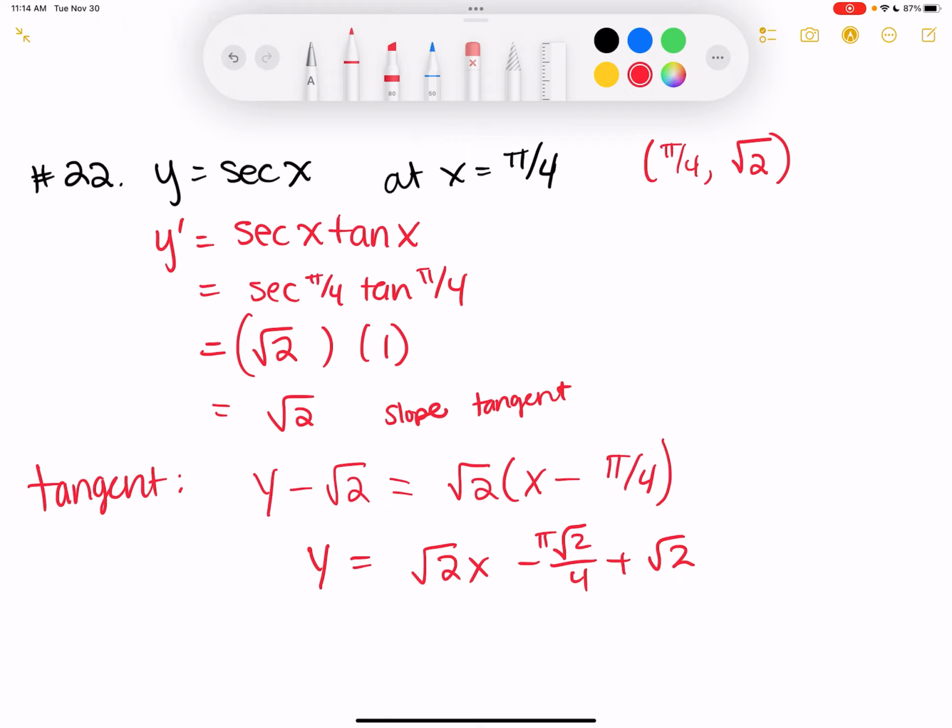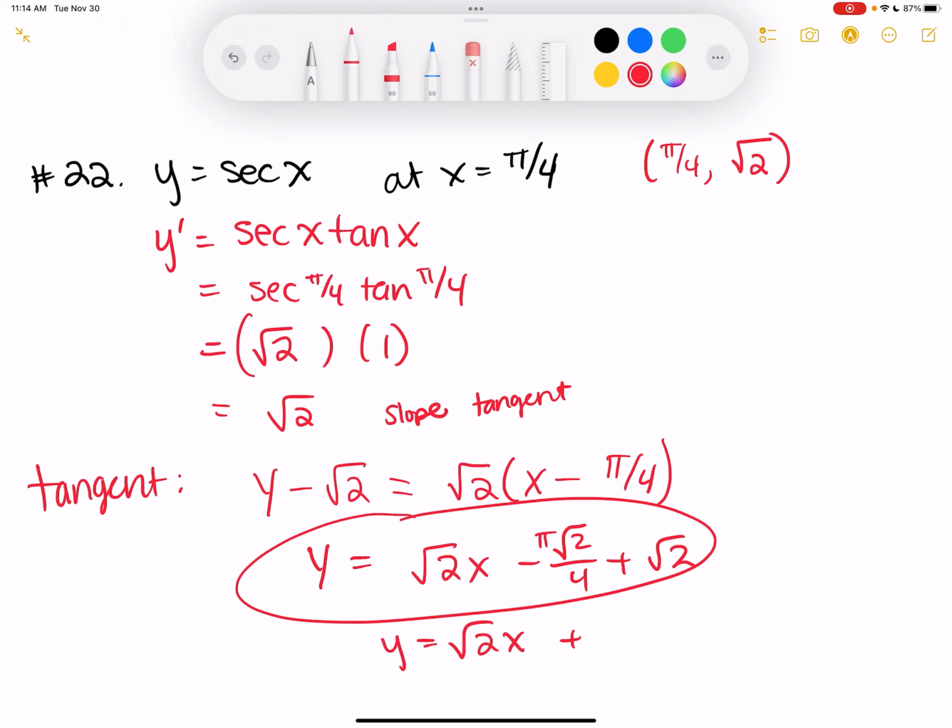I'm okay if you even just leave it like that. If you want to go as far as to put in your calculator and get the decimals, totally fine, but I'm cool with this just being your final answer. If you want to know what it would be as a decimal, it would end up being y is equal to the square root of 2 x plus 0.303.